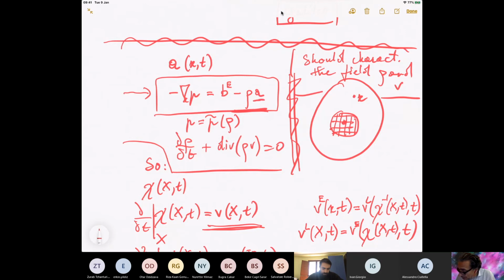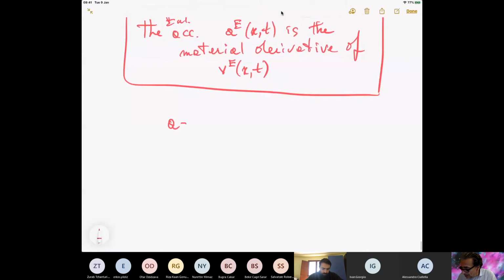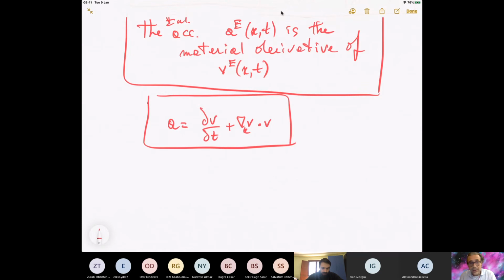However, we have a difficulty because we have everywhere only rho and v except in this acceleration. But the acceleration is equal to d over dt of the velocity plus grad v Eulerian dot v, because of our reasoning.